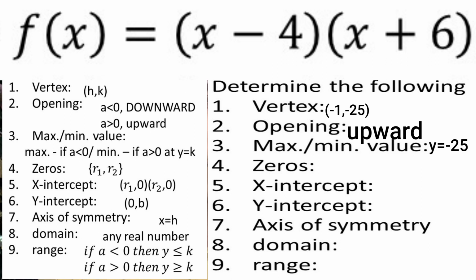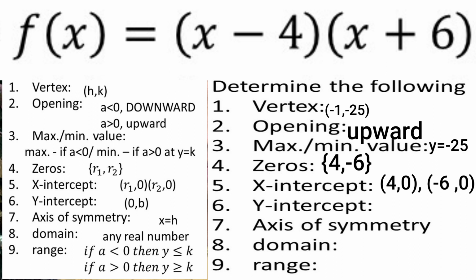Equating the given f of x to 0, you will be having x is equal to 4 and negative 6, making it an ordered pair. Therefore, the x-intercept will be (4, 0) and (negative 6, 0).